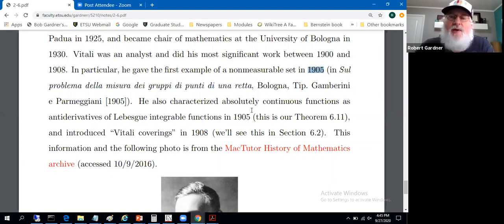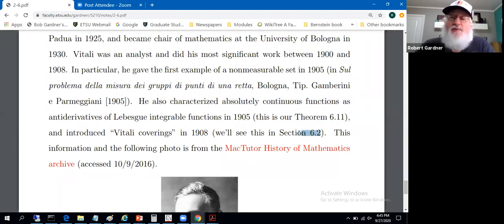He also characterized absolutely continuous functions as antiderivatives of Lebesgue integrable functions in 1905. We'll do that. It's our theorem 6.11. You've dealt with some absolute type stuff before. I don't think you've probably dealt with absolutely continuous functions before. We'll define that in chapter 6. He deals with Vitali coverings in 1908.